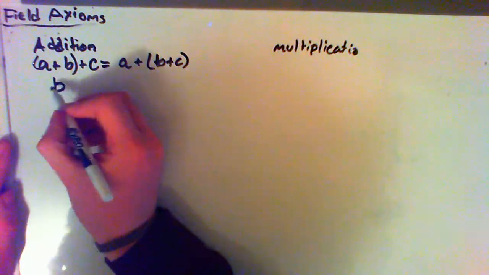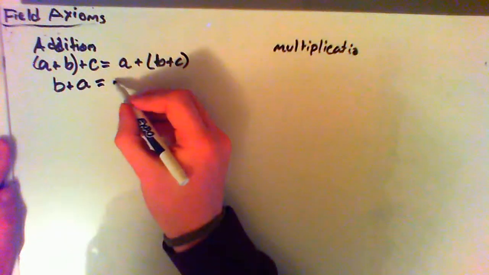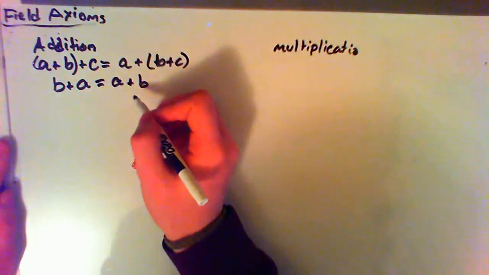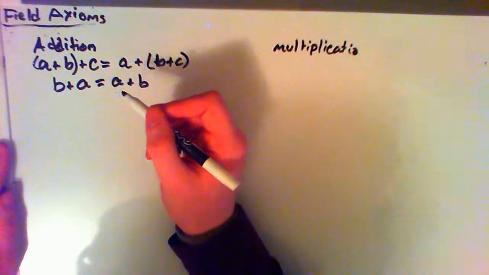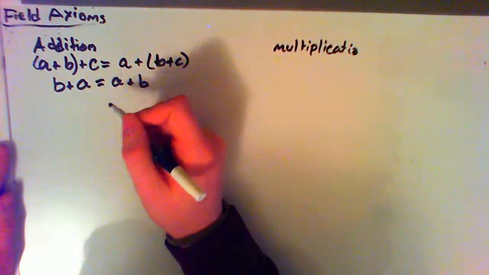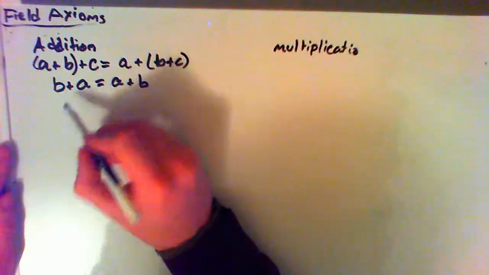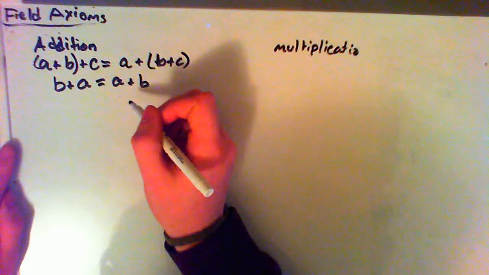And let's go on to B plus A equals A plus B. Again, not exactly groundbreaking, but fairly fundamental. You take B, then you add A to it, and that's the same thing as taking A and then adding B to it.